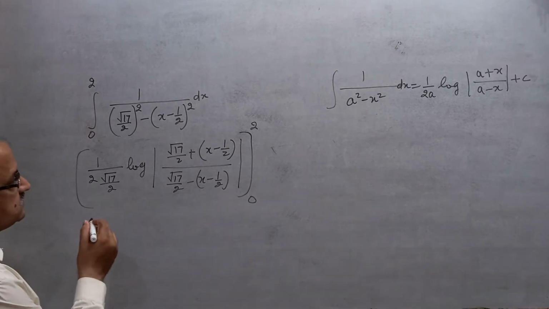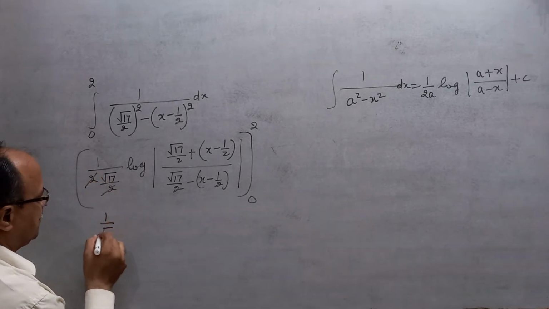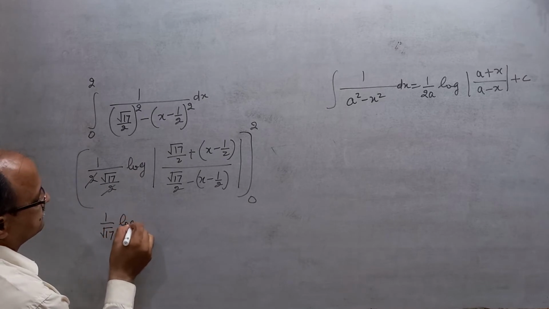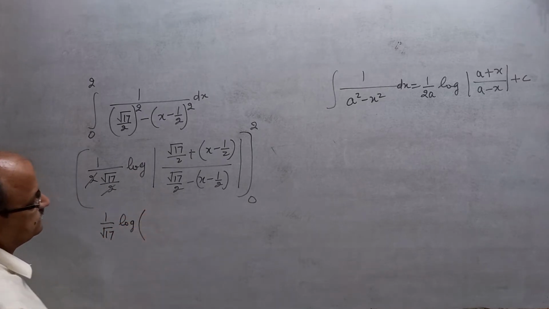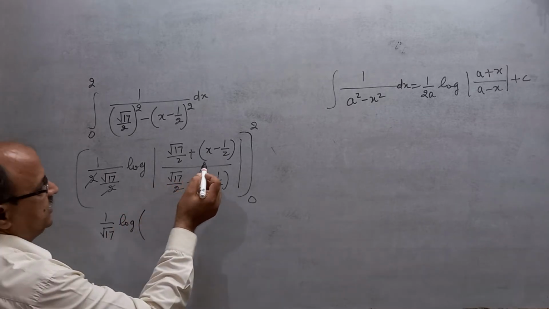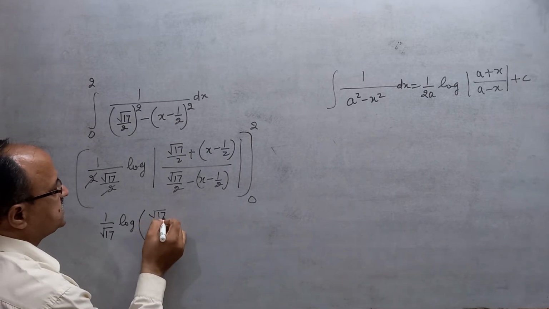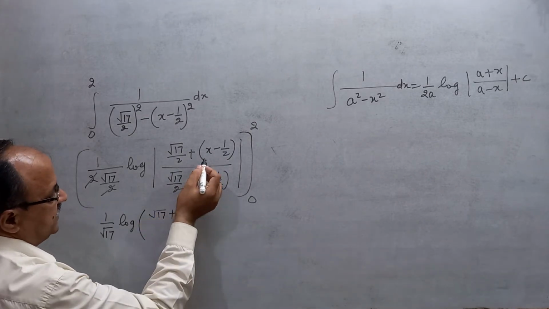Now, can you simplify? This will cancel. 1 by root 17 log. When you put here 2, upper limit minus lower limit, put here 2, then you know that 2 minus half, that is 3 by 2.